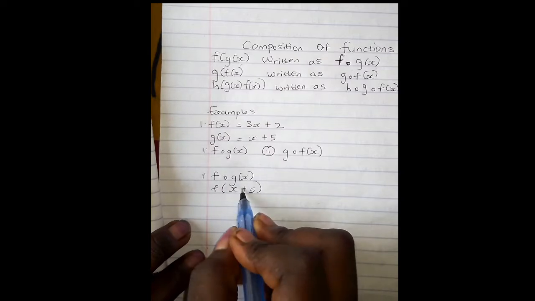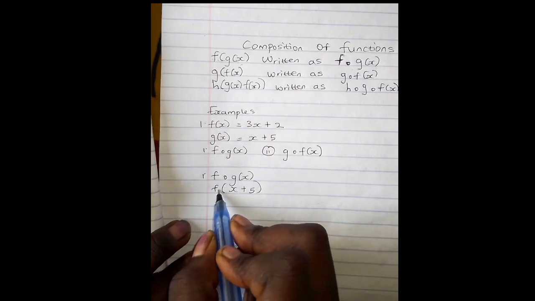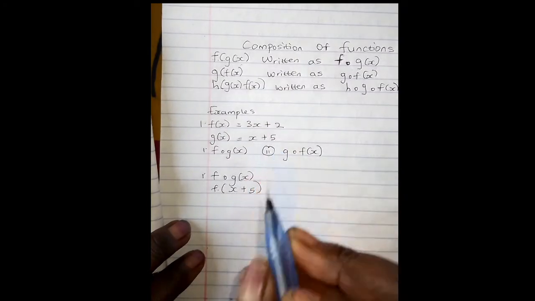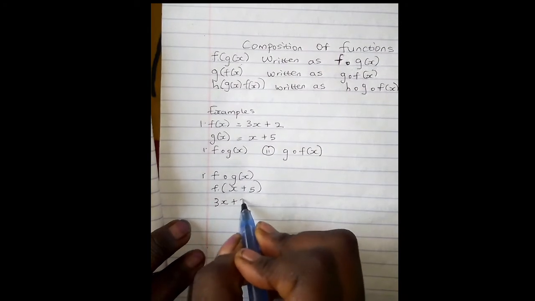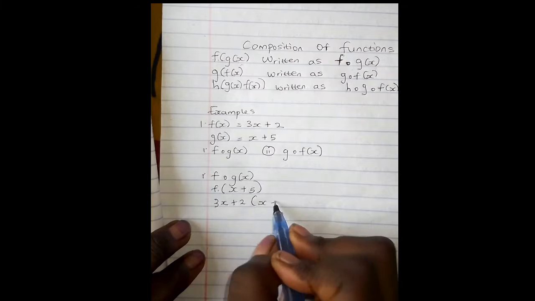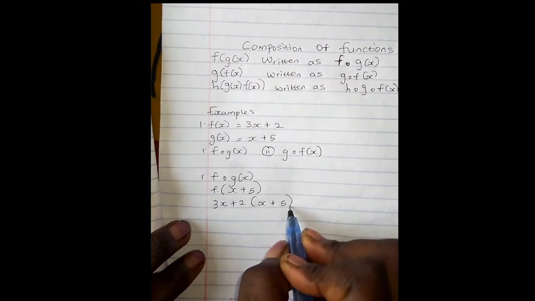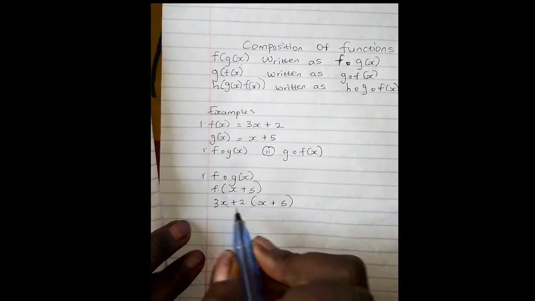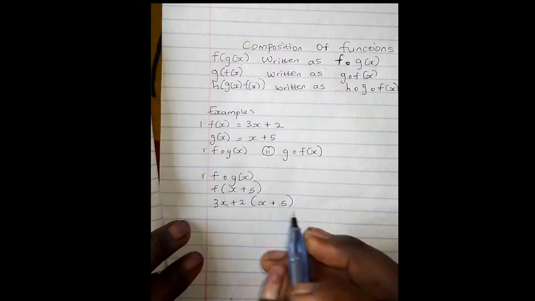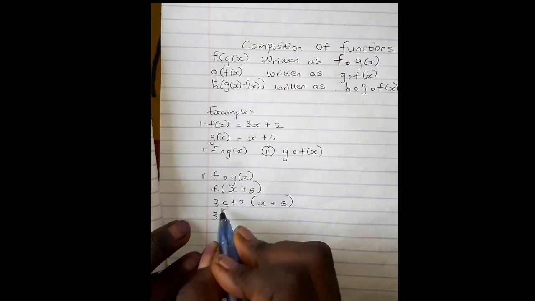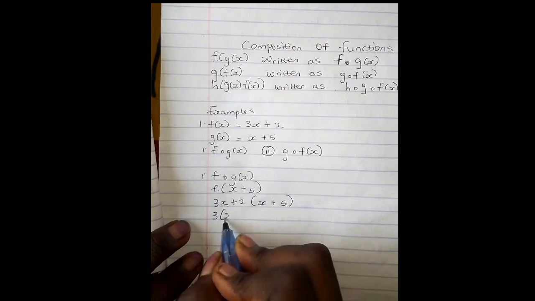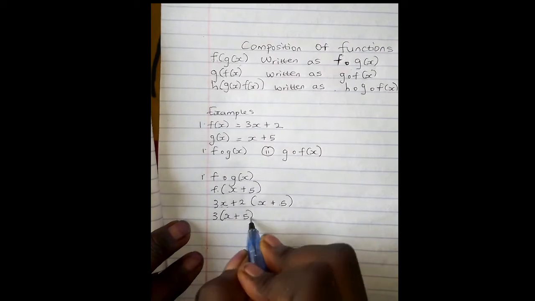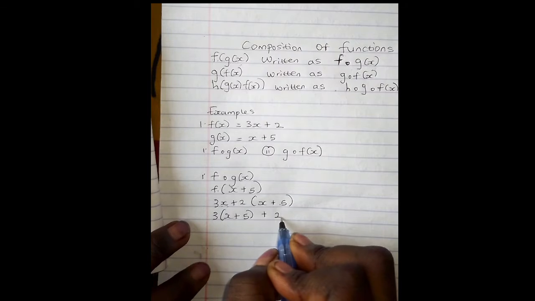Now, putting this into our f function, which is 3x plus 2, it becomes 3x plus 2 into x plus 5. So this simply means wherever there is x, we put x plus 5. So we put 3 times x plus 5, plus 2.